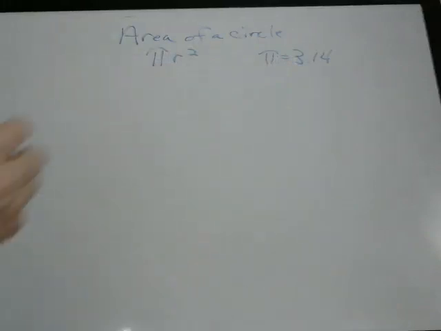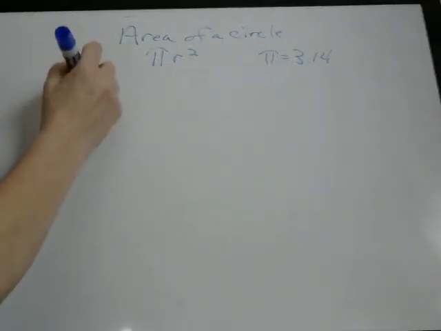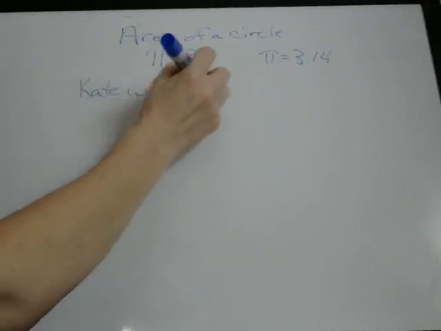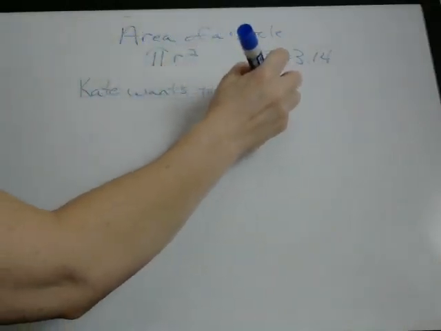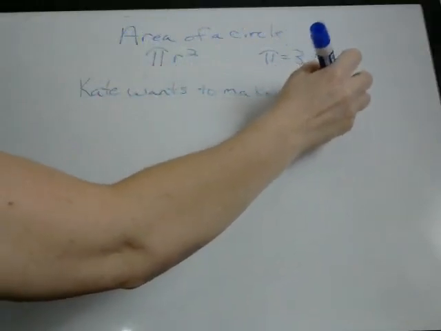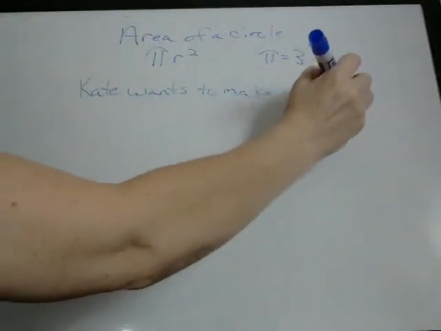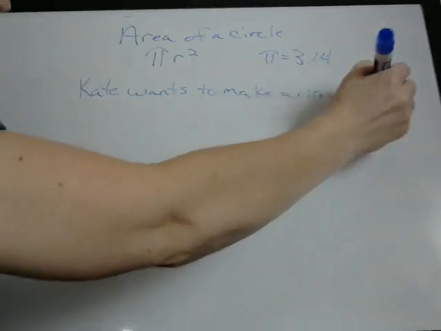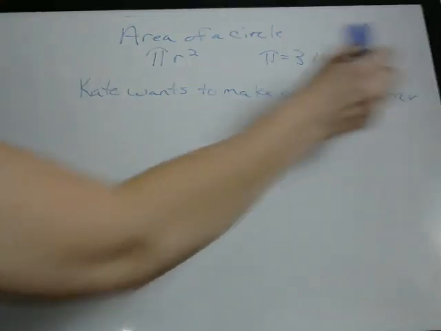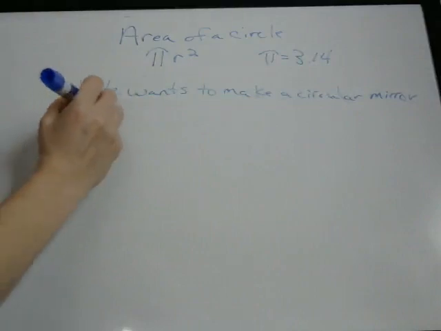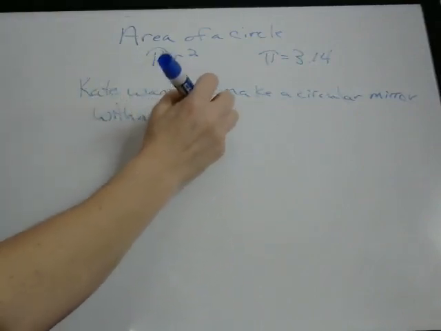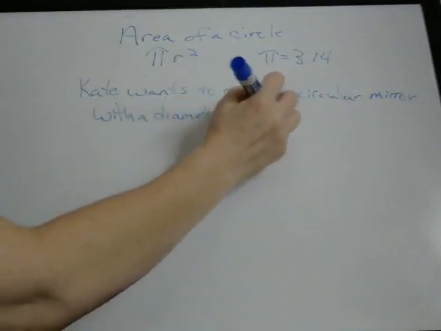So let's say that Kate wants to make a circular mirror with a diameter of 2 feet.